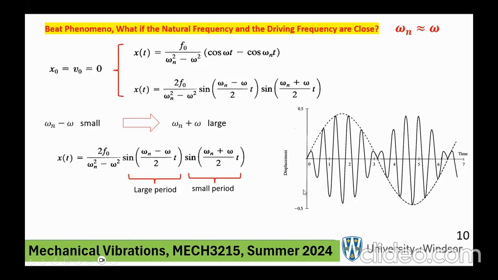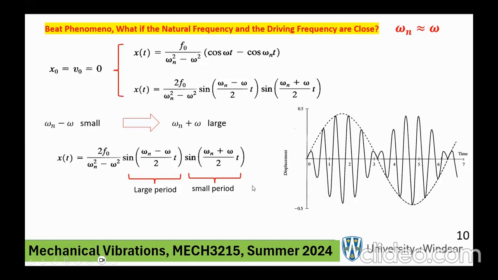So when you plot something like that, it's not sinusoidal, but it's a periodic one, as you can see. One of them has a large period that goes with this difference, and the other one has a small period, which is these wiggles here.